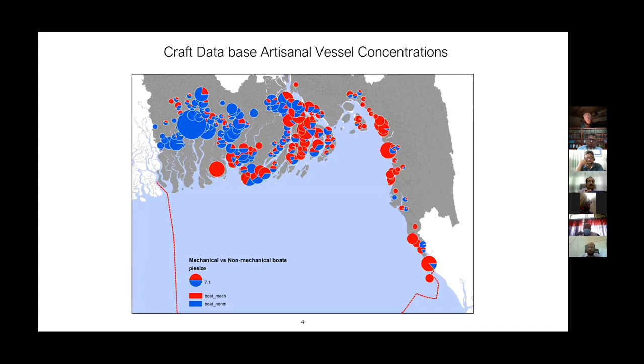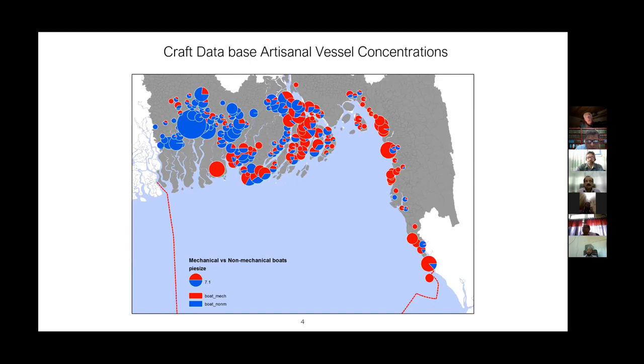During the period when the Department of Fisheries was operating its database under the capacity building project, it was possible to analyze the locations and sizes of boat types for the artisanal fishery. This diagram shows the concentration of the red circles, which are the mechanized vessels, and the blue, which are the non-mechanized.